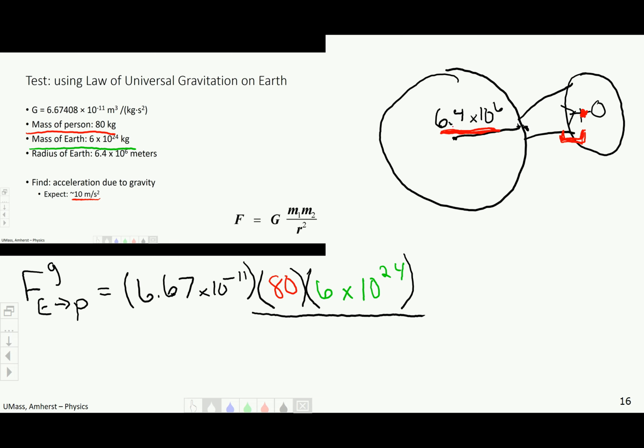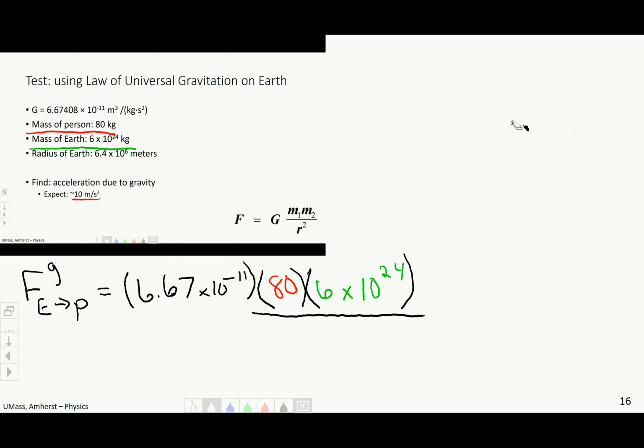So we're just going to use the radius of the Earth. So we'll throw that in there, the radius of the Earth. That is right here. I'm going to say it's 6.4 times 10 to the 6th, and that's squared.